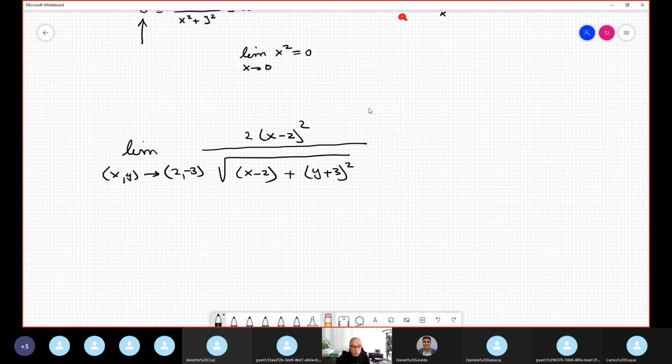The first thing you should do is plug in, and you get 0 over 0, no? It's obvious, 0 on the top, 0 on the bottom, is indeterminate.